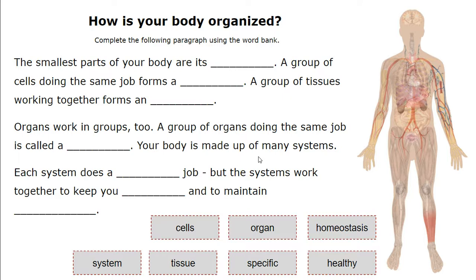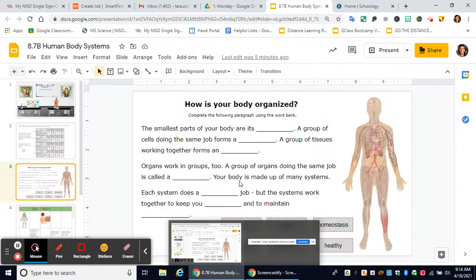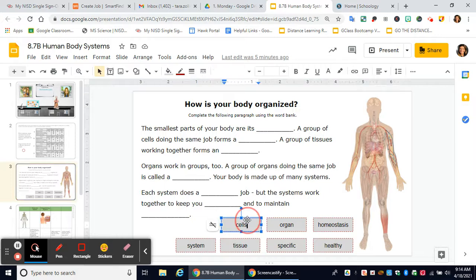All right, how is your body organized? So we're going to fill in the blanks by dragging and dropping our card. So I'm going to minimize this so I can do it with you. So the smallest parts of your body are its cells.